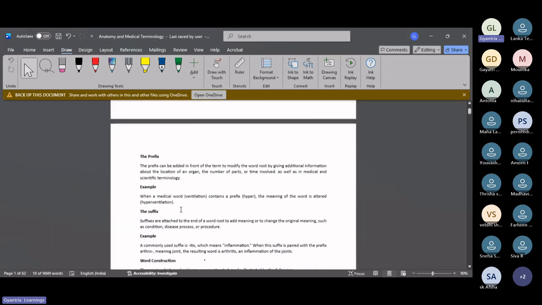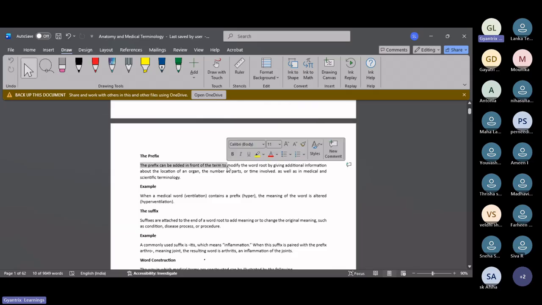And next we have the prefix. What is a prefix? The prefix can be added in front of the term to modify the root word by giving additional information about the location of an organ, the number of parts involved in that condition, or the time involved, as well as in medical and scientific terminology, right?